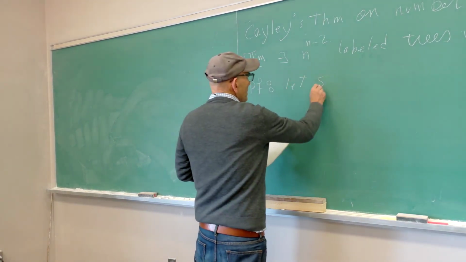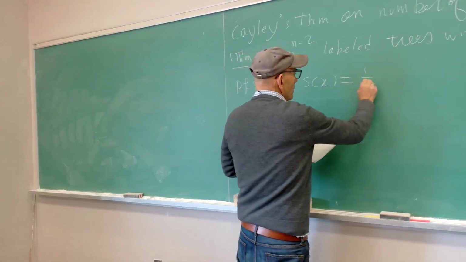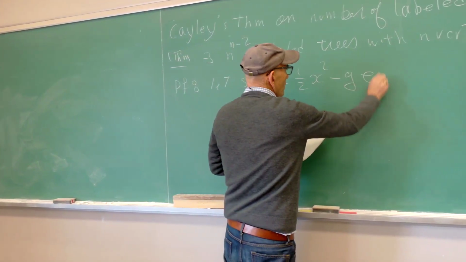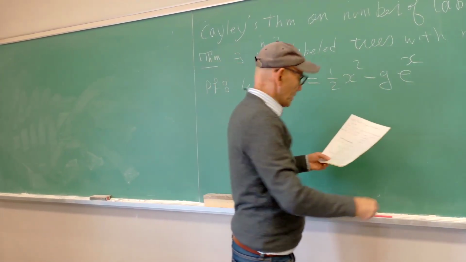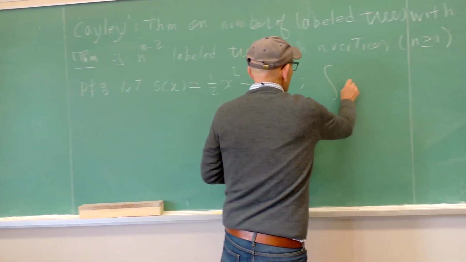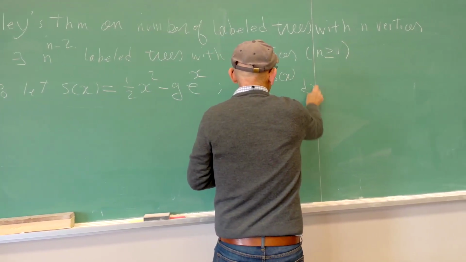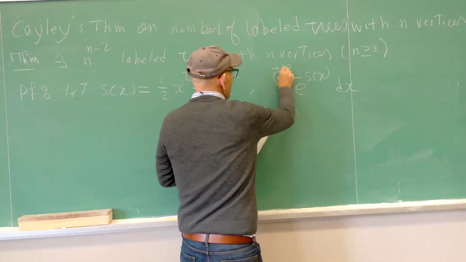So let s of x be equal to 1/2 x squared minus g e to the x. And we are interested in this integral of e to the minus s of x dx from minus infinity to plus infinity.